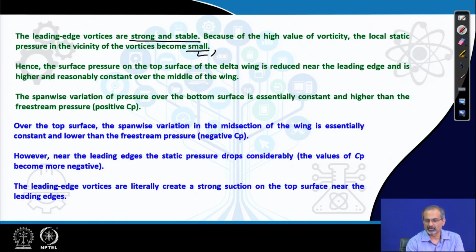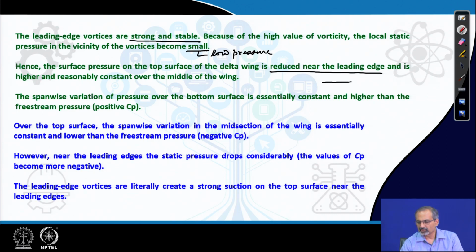This is basically talking about low pressure, and as you know, wherever there is low pressure, there would be a tendency for a suction created there. Hence, the surface pressure on the top surface of the delta wing is reduced near the leading edge and is higher and reasonably constant over the middle of the wing.